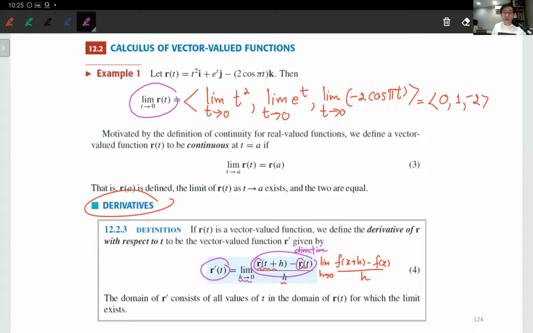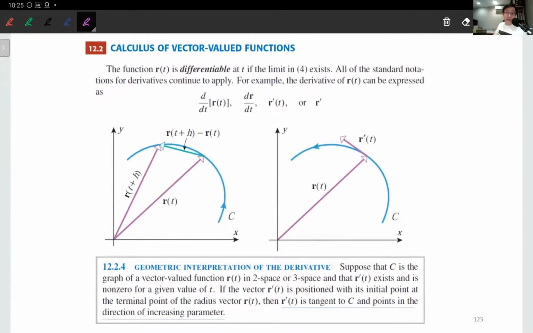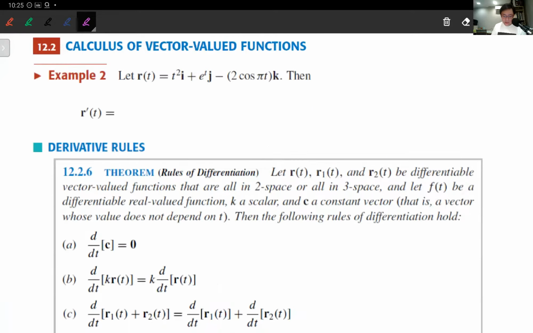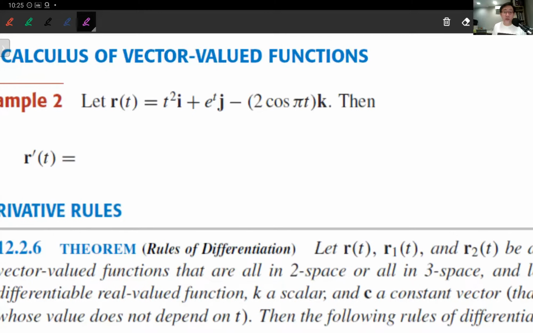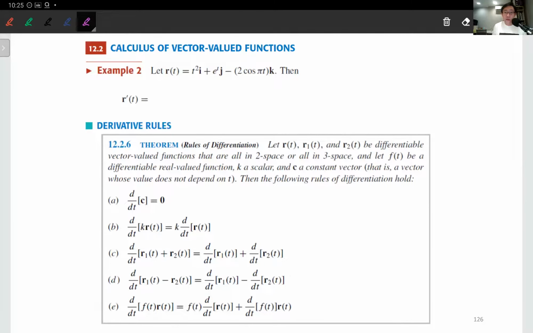So doing the derivative, we'll come back to this. We just say, hey, find the derivative of this. What are you going to do? So they say, hey guys, give me the derivative of this function. You do the derivative component by component. Seriously.